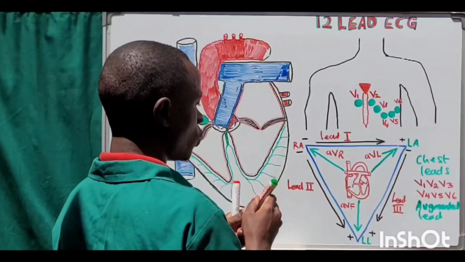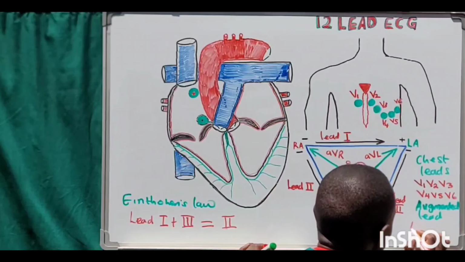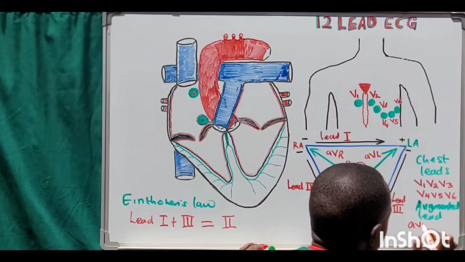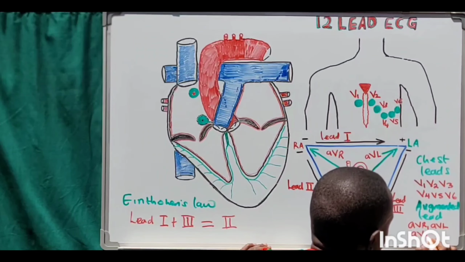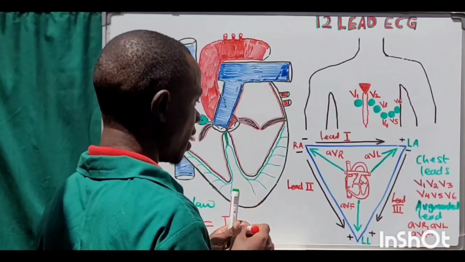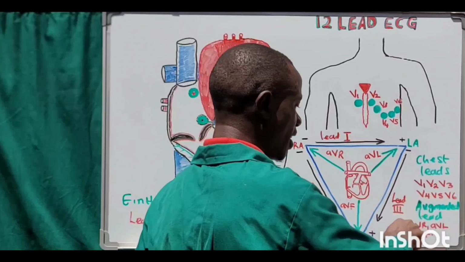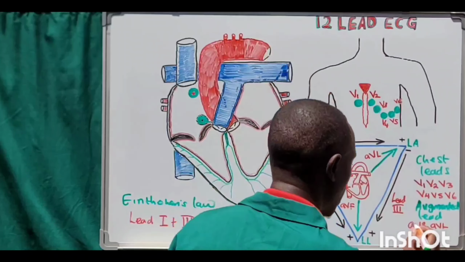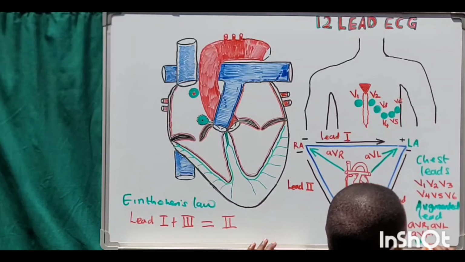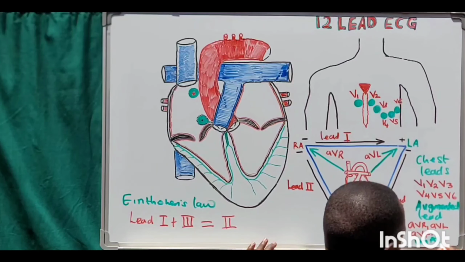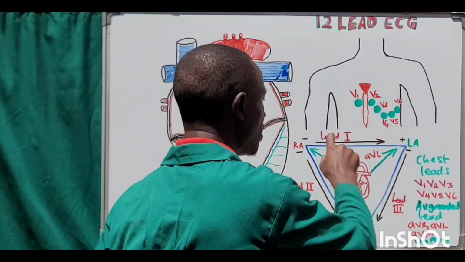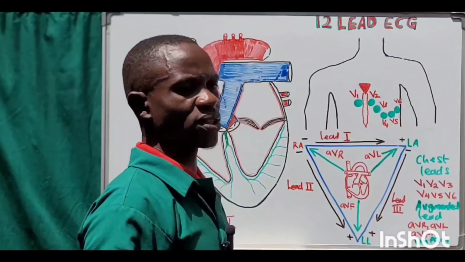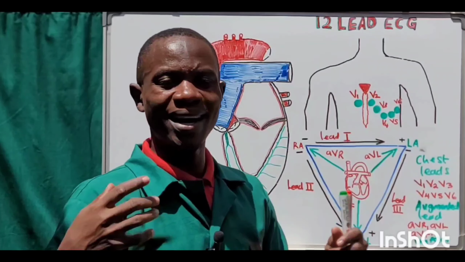And when we talk of augmented leads, we are going to have AVR, AVL, and also AVF. These leads are going to be unipolar. And then also, lead 1, lead 2, and lead 3 are what we call the bipolar leads.